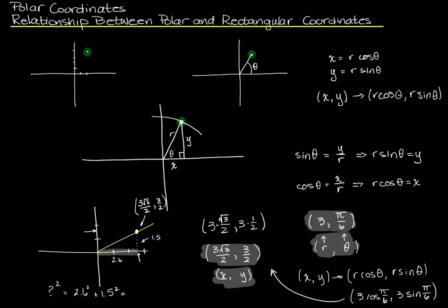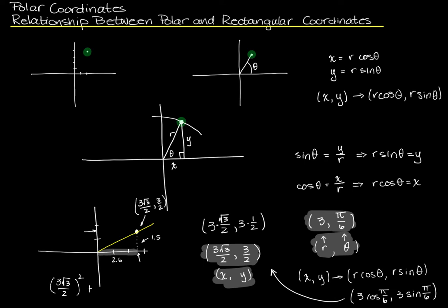Now, let's erase this. I could do it a slightly different way. I used a decimal to graph it. I found a decimal 2.6 so that I could graph the coordinates here. But since I know that this 2.6 is an approximation, and the real value there is 3 root 3 over 2, that's my x.